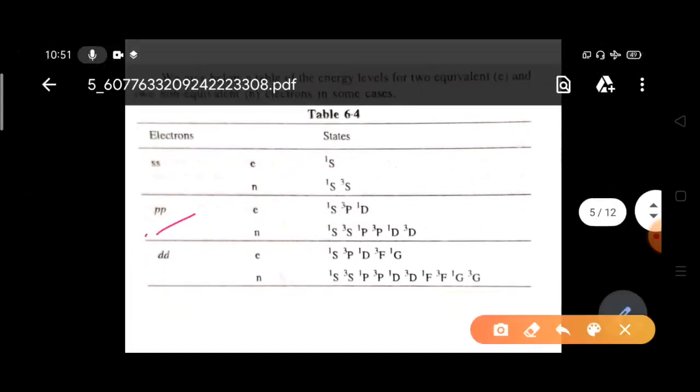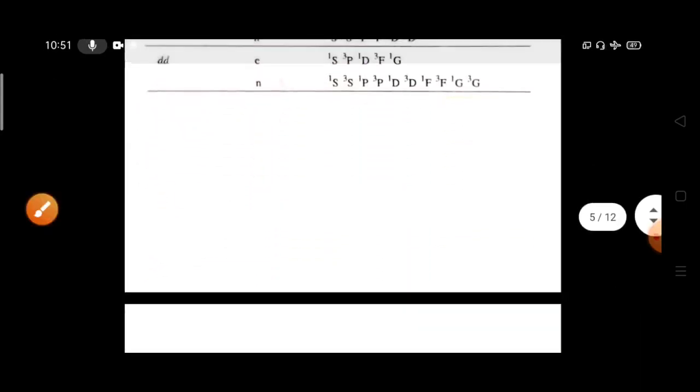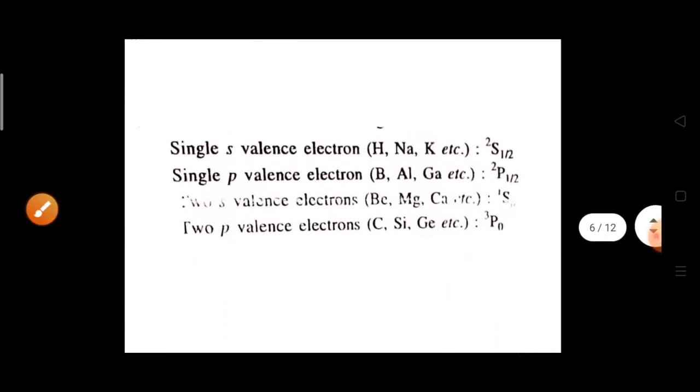If both are p electrons, then for equivalent you get 3 energy levels, for non-equivalent you get more than 3. Same with d, two equivalent d electrons or two non-equivalent d electrons. Look at the difference in the energy levels. In equivalent electrons, certain energy levels are not allowed, or forbidden, due to the Pauli exclusion principle.